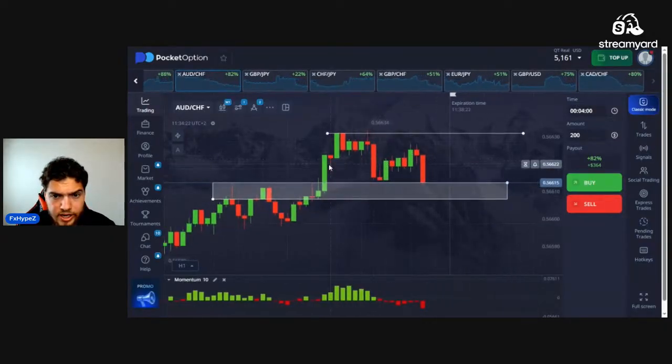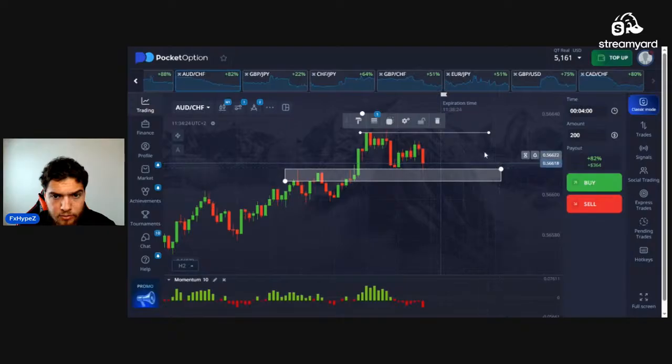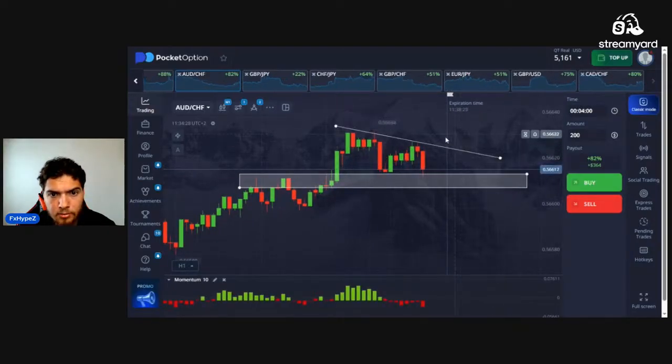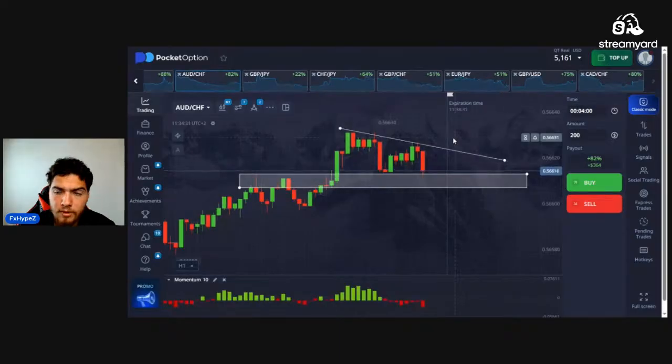Which, if price rejects, which it may do, I will actually take a trendline break. I'll take a trendline break instead. It's just support has to be respected.